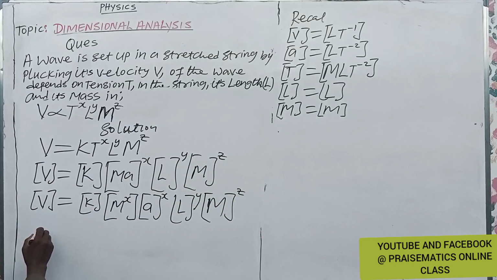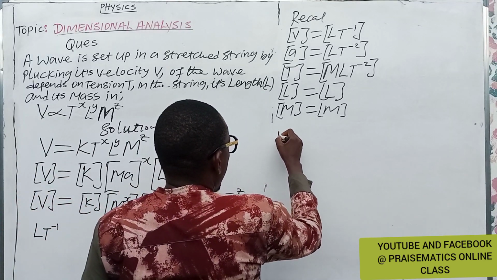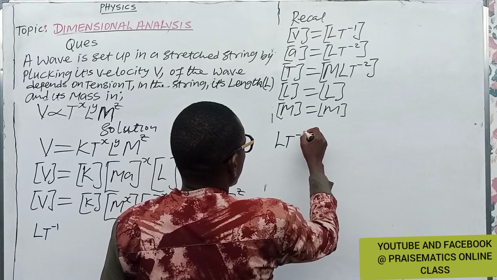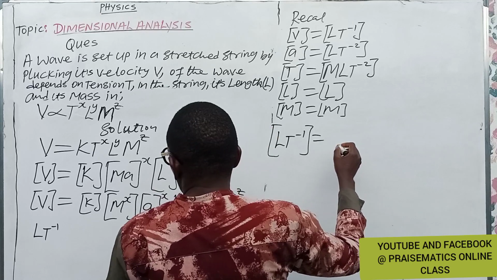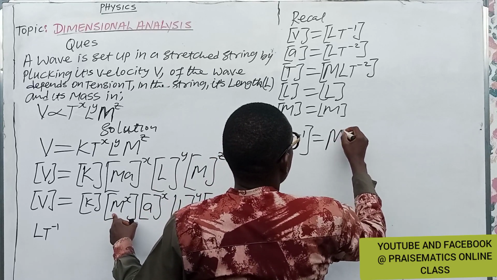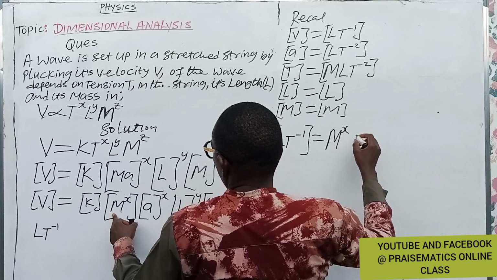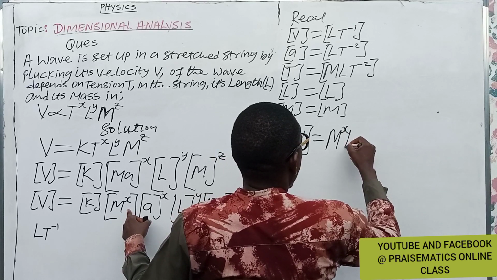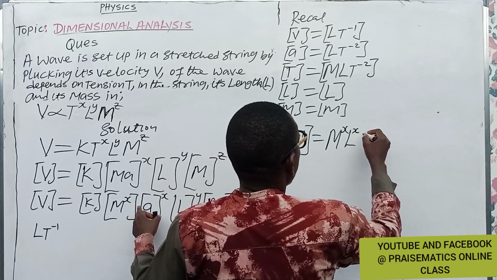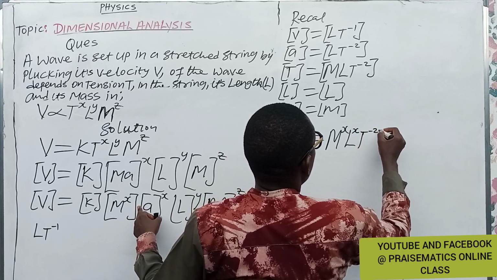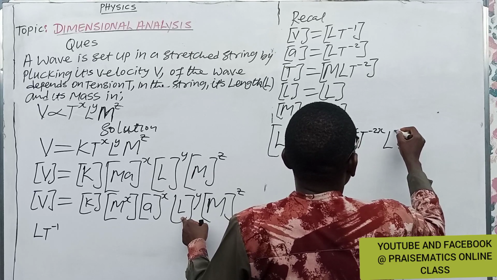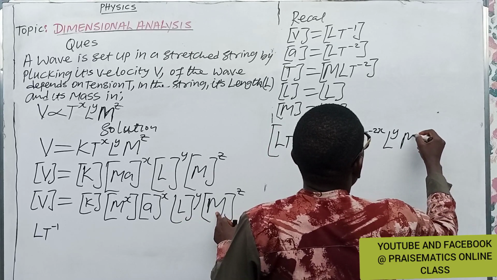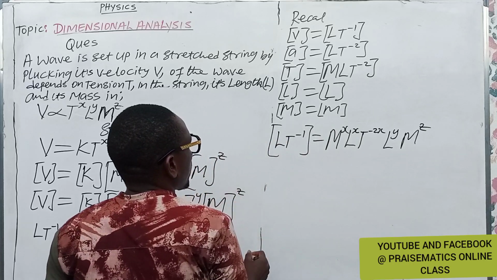Hence, from this equation, we can now substitute the dimension of V, which is L T raised to power minus 1, into mass raised to power X, L raised to power X, T raised to power minus 2X, into L raised to power Y, into M raised to power Z. Okay, let's complete this.